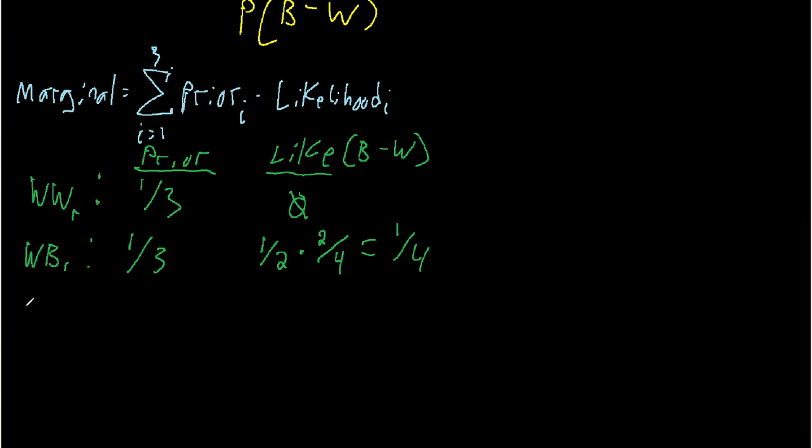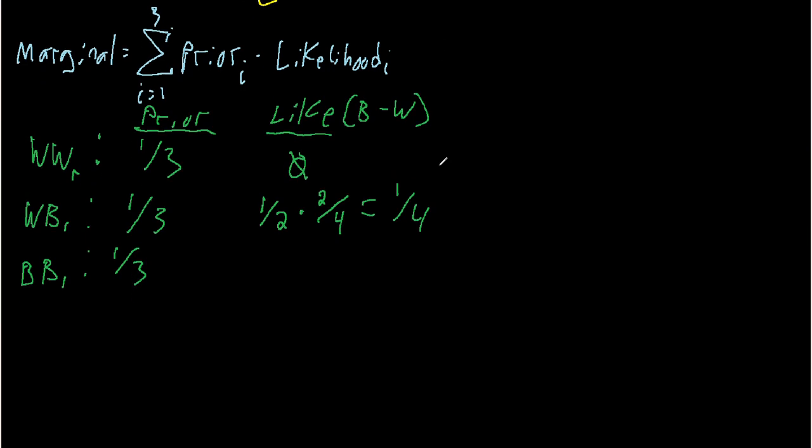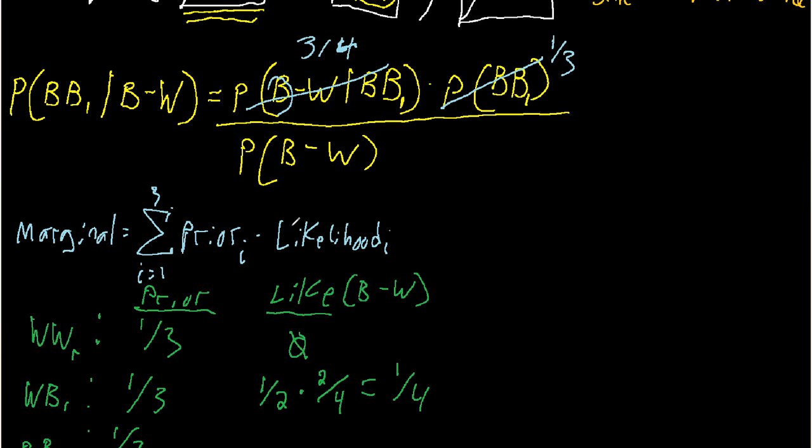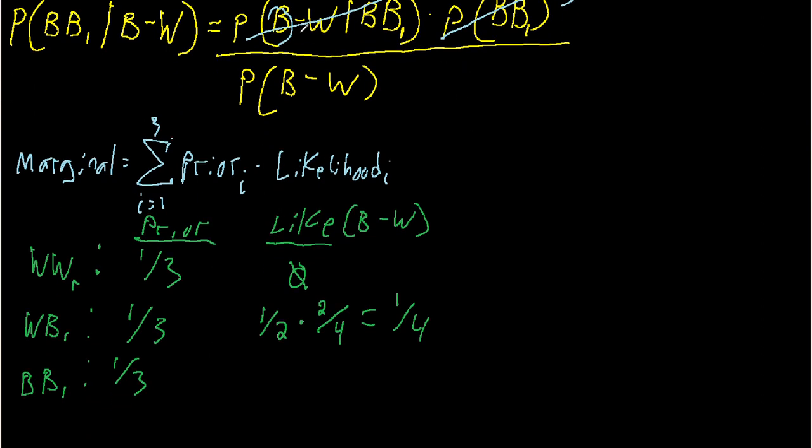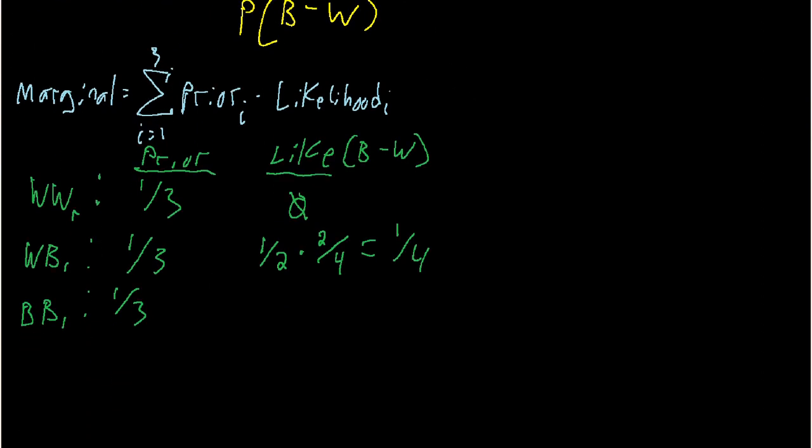Now finally, the black, black. We've already seen this above, but the prior is 1/3. If you remember, this is the same term as this right here. And 3/4 of the time, the second face is white. To get the marginal, I need to take the product of each of these and then sum them up.